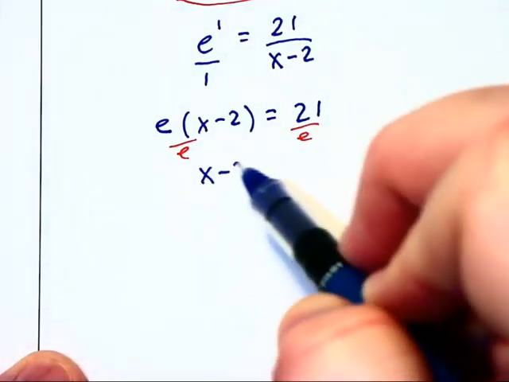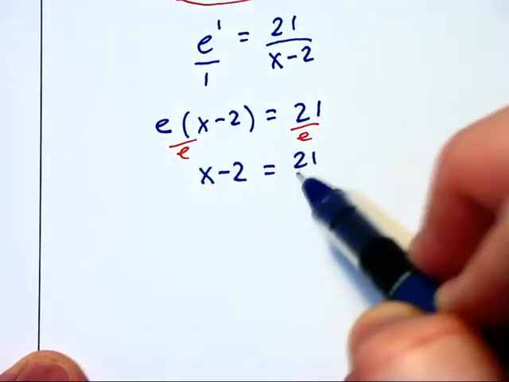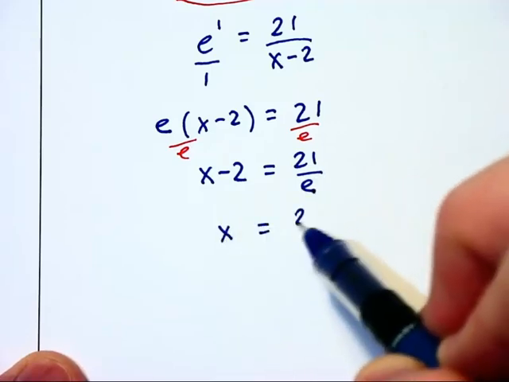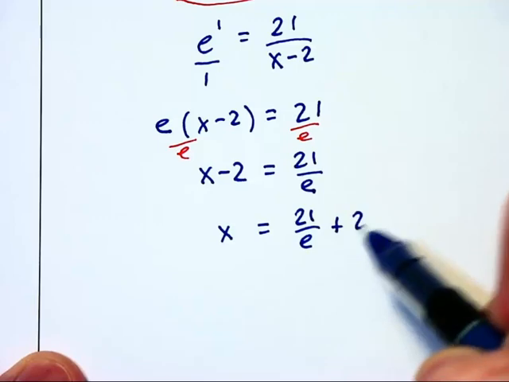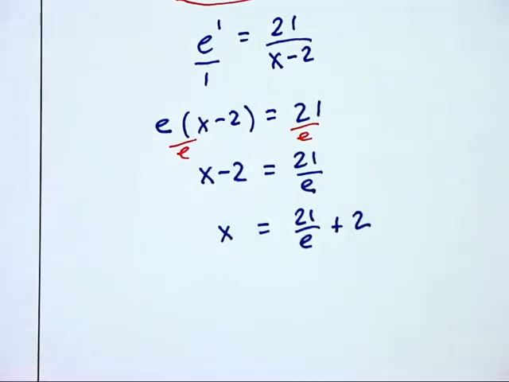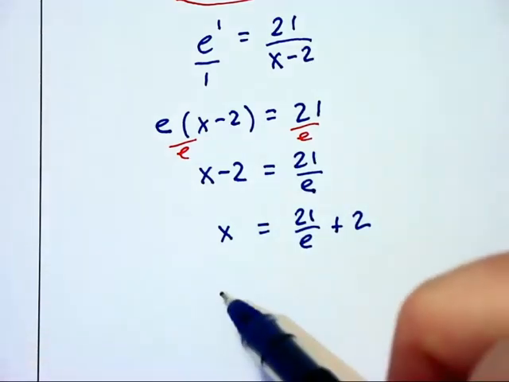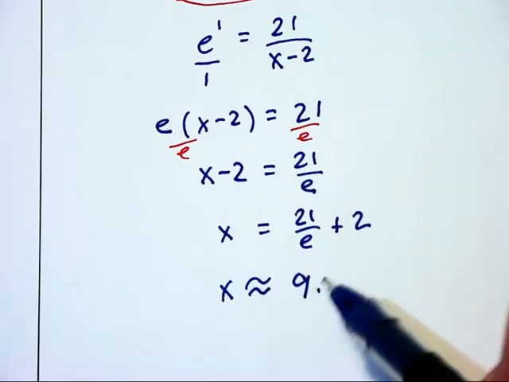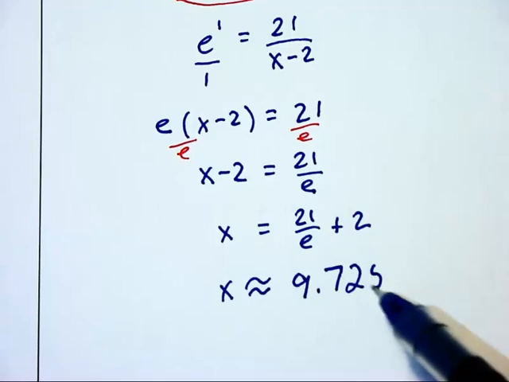And so x minus 2 is going to equal 21 over e, and when you add 2 to both sides, you get 21 over e plus 2. Now that is your exact answer, and if you use a calculator to approximate it, you will find out that you get approximately 9.7255.